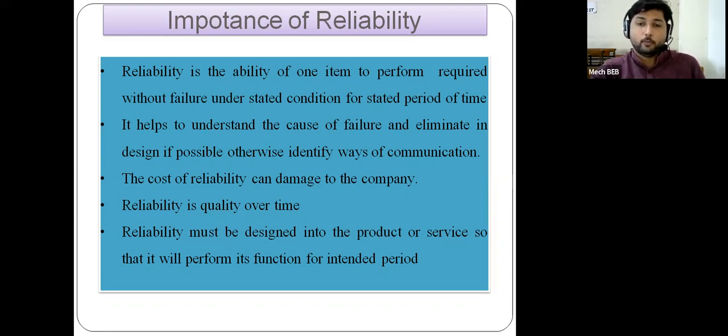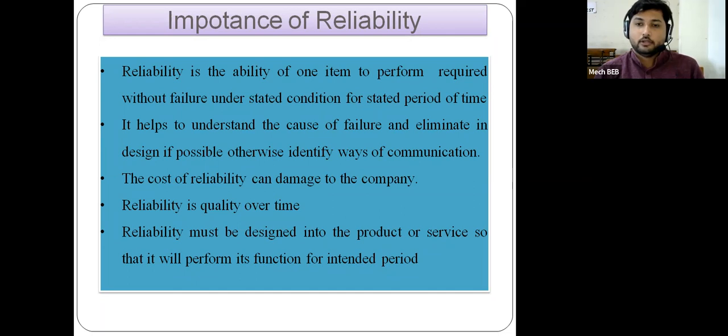If it is not possible to remove that lacuna or specification from the product, then the design engineers try to communicate that lacuna to the customer. So they are trying to identify ways for it to be conveyed.